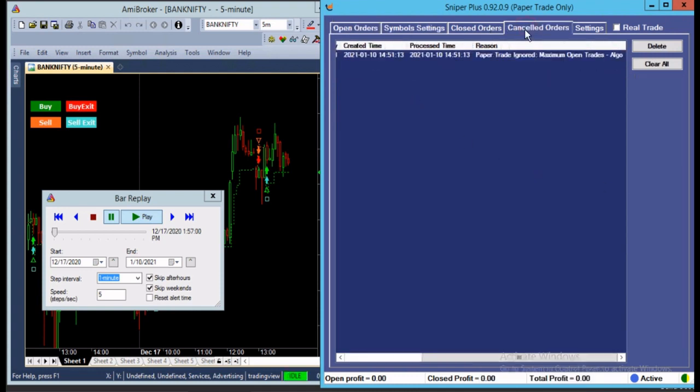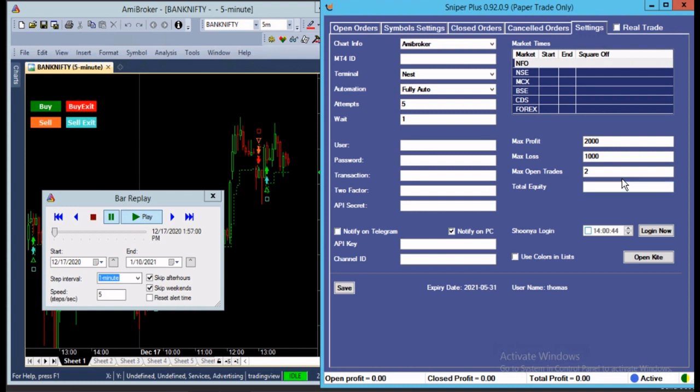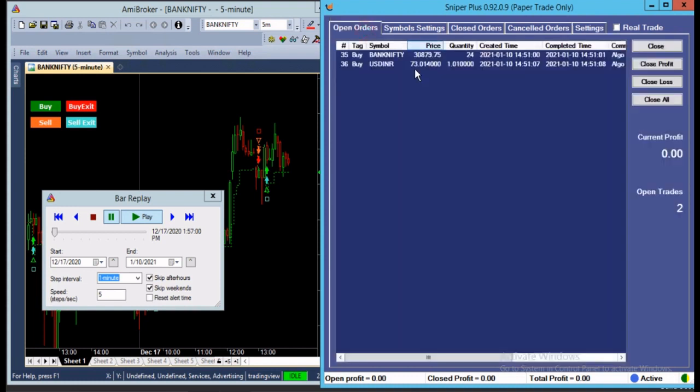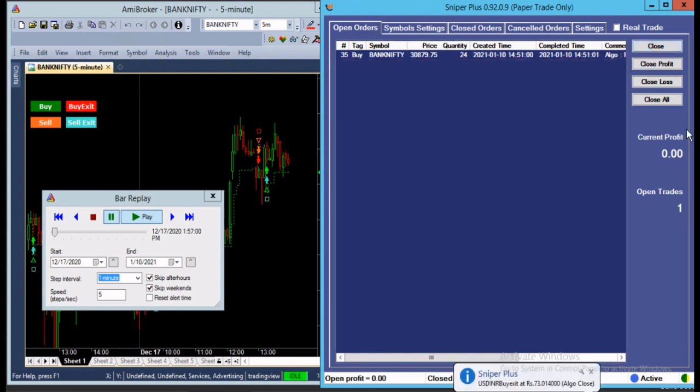That's because now we can see it in the cancel order, the Union Bank, and here the reason is trade is ignored because of the maximum open trades. Now the order has been cancelled here. Now we have to close any one open order.